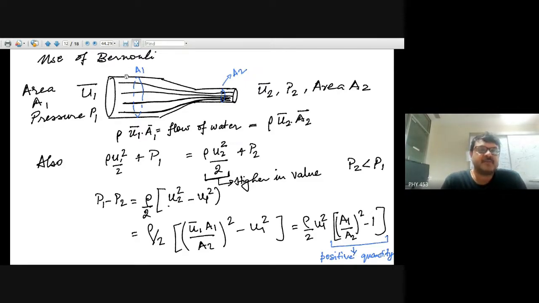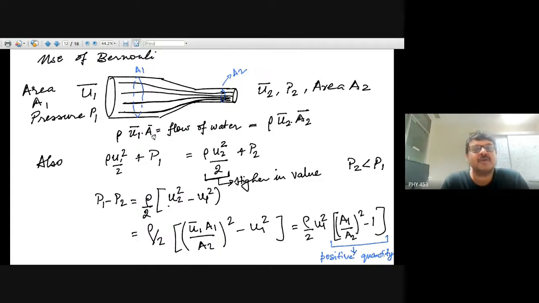Use of Bernoulli, suppose you had a steady state flow inside a cylinder of area A, right? And the fluid flows after that inside a cylinder of a smaller diameter, a smaller cross section, right? And since mass has to be conserved, the flow of water is fixed, right?